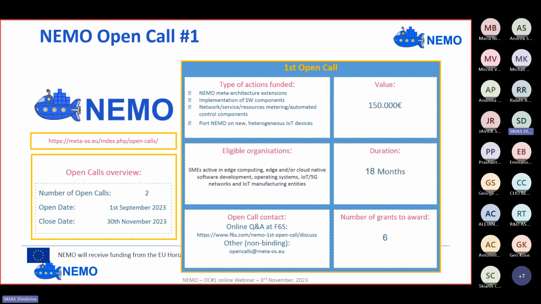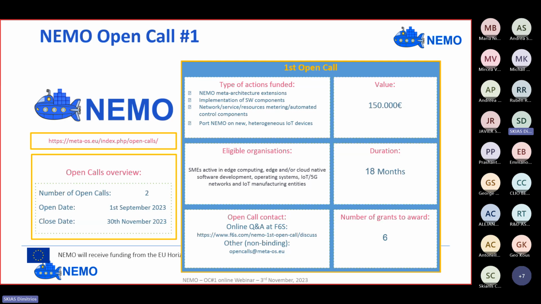In total, 6 proposals will be granted to be part of the NEMO project for the next 28 months. For each project, the total funding is up to 150,000 euros.